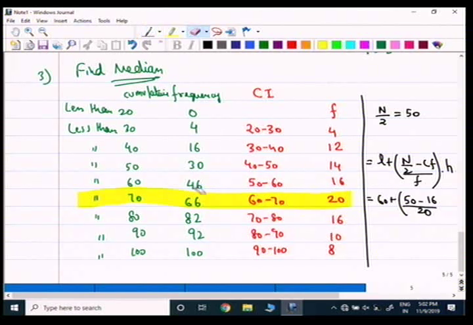This cumulative frequency over here should be 46. And frequency is 20 and h is 10. So 50 minus 46 is 4, 40 over 20 is 2. So 62 is the median, the mid value is 62.